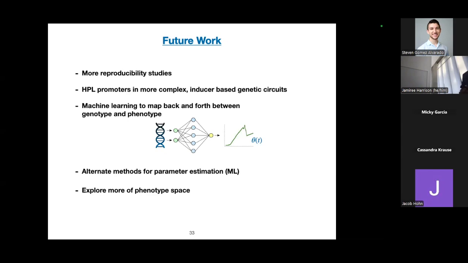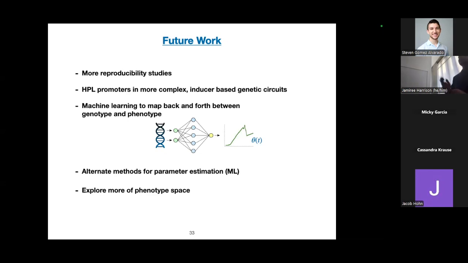Cool. And then a natural next step would be to use machine learning not only to map back and forth between these genotypes and phenotypes, but also to fill in the gaps. For example, we sampled 1,600 sequences. What if you could fill in some of the other close to 1 million variants with a model trained on our 1,600 variants, and then produce phenotypes that you predict from these sequences, right?